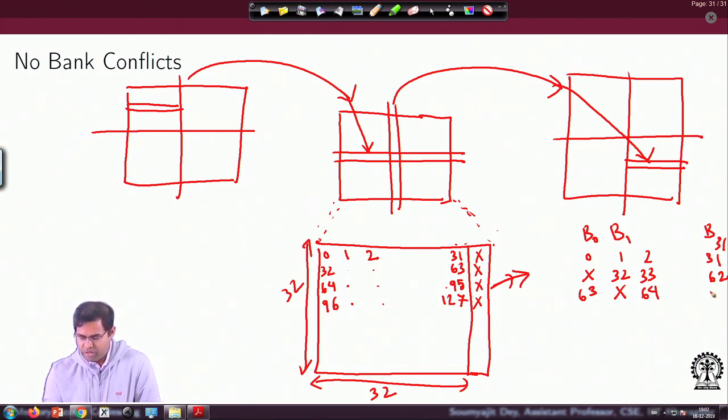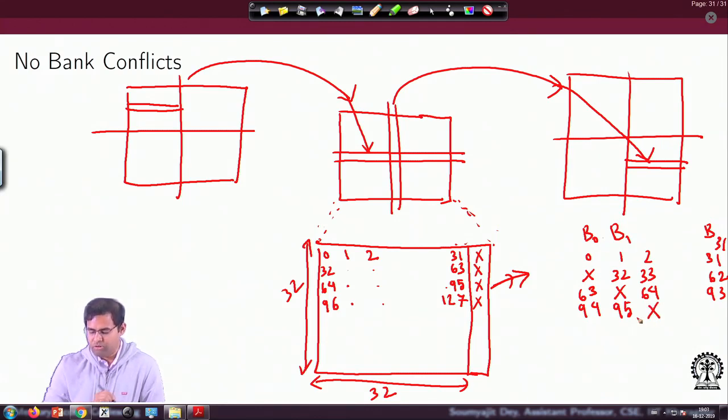So, what should we have here? Here we should now have the 93rd data point, right. So, that would bring the 94th and 95th data points in banks B0 and B1, and here you get a don't care. Now, consider what happens to the load instructions.